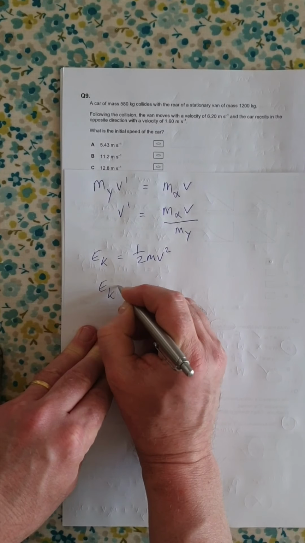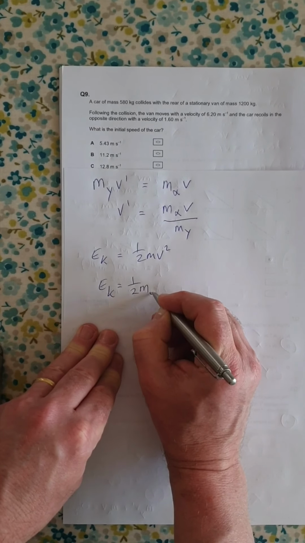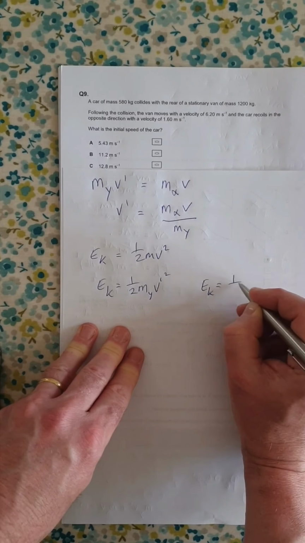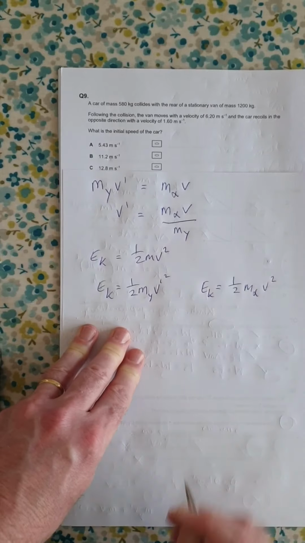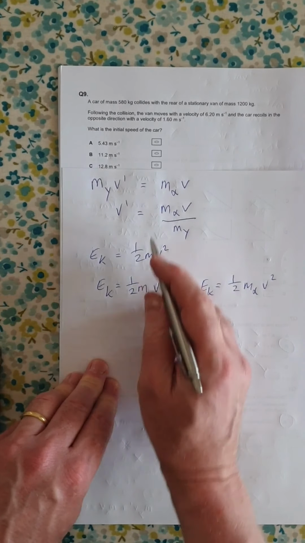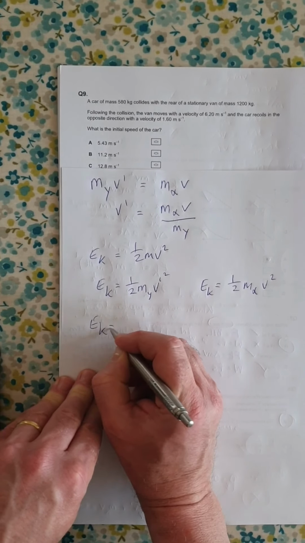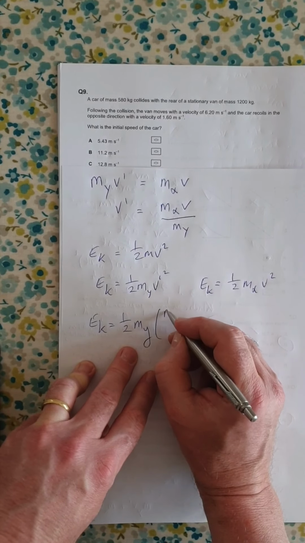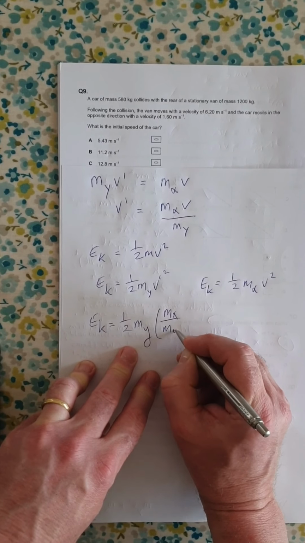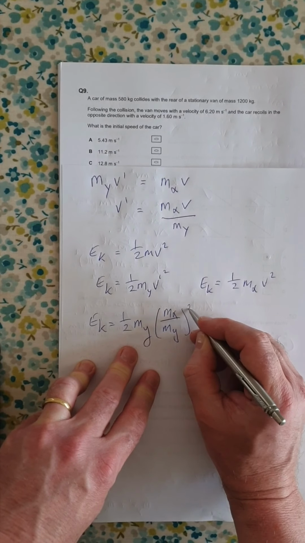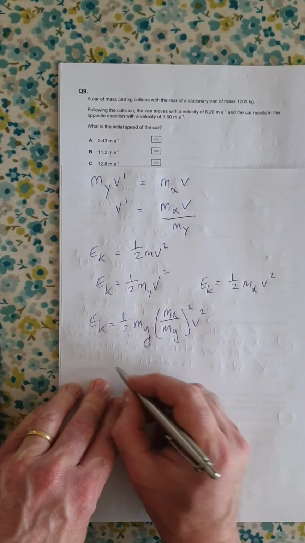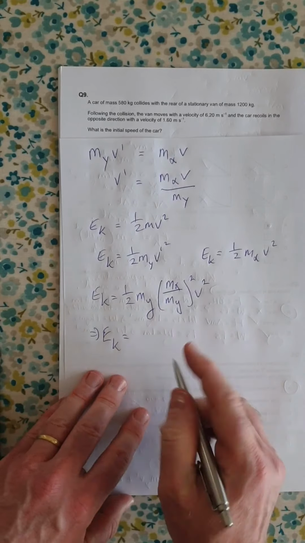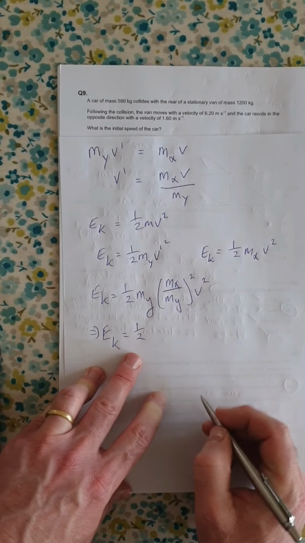So the kinetic energy of the Y nucleus and the kinetic energy of the alpha particle, just like that. We can substitute for our speed here, so that gives me a half times the mass of the nucleus divided by the ratio of the masses squared times v squared, and that gives me E is equal to a half.